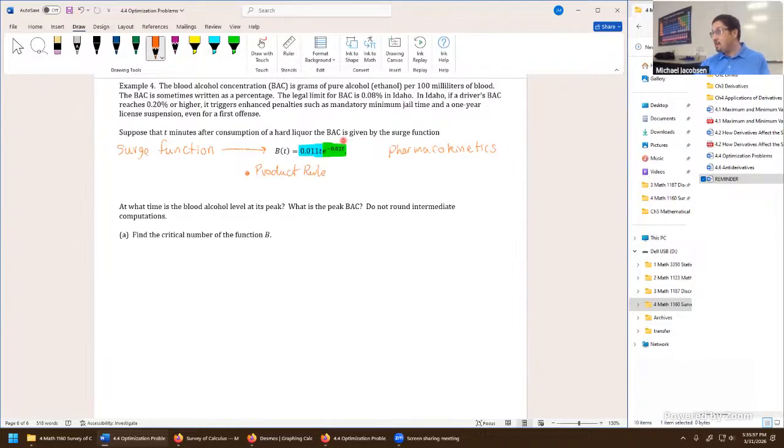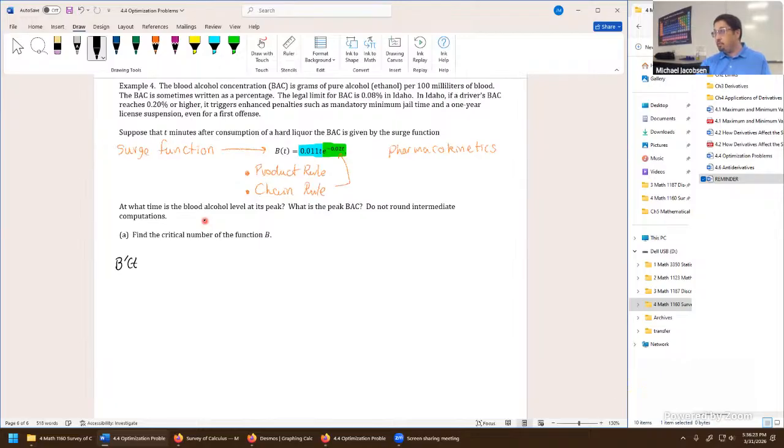That means on the next level, there's going to be a chain rule when we go to differentiate that piece right there. So the challenging part about this problem is not building the function, it's actually differentiating it and then finding the critical number right after. So let's go carefully. Let's see if we can get the derivative written down and go from there.